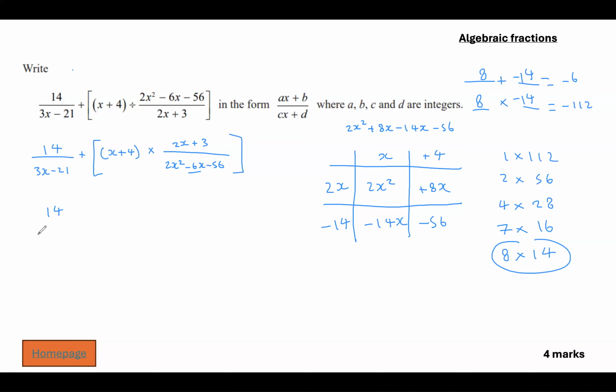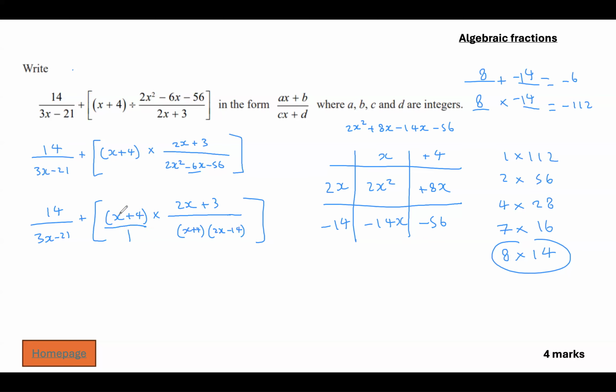So we've got 14, and then we have x plus 4 and 2x minus 14.